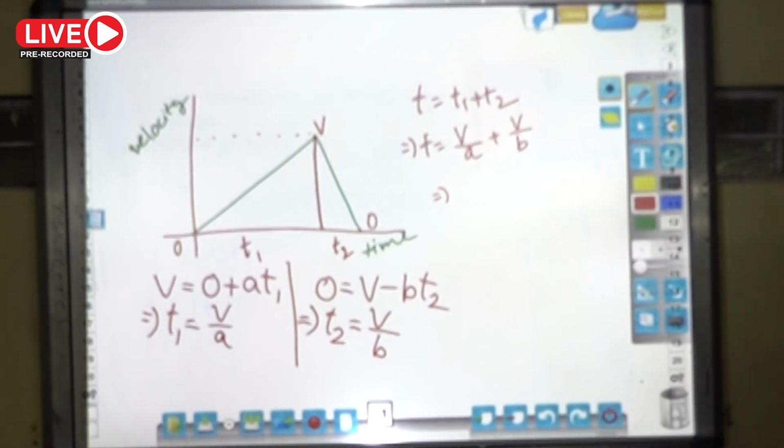The two balls meet after 18 seconds. What is the value of u?